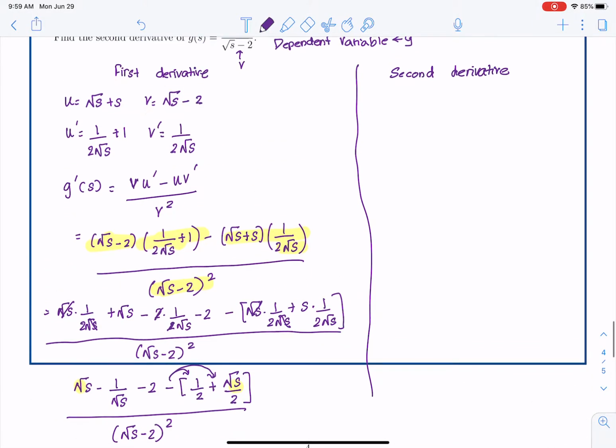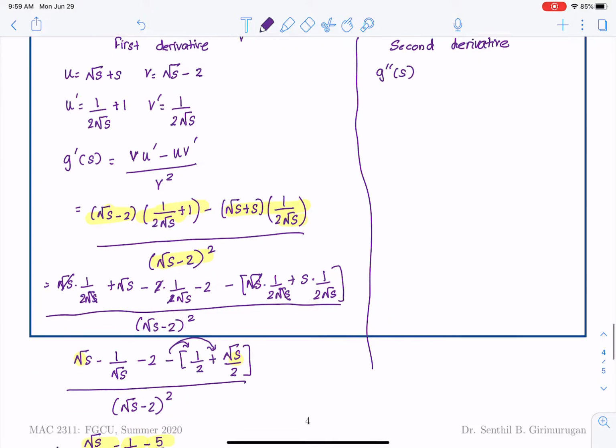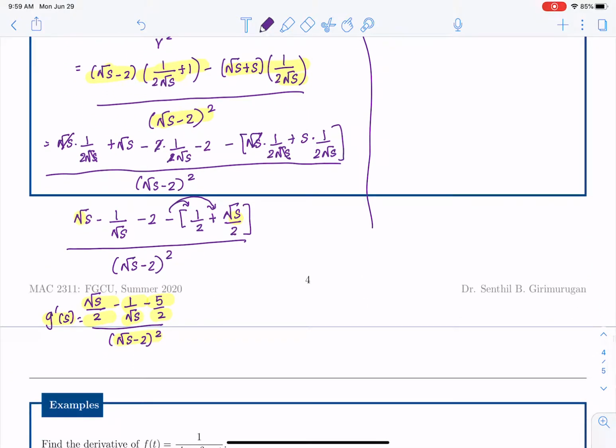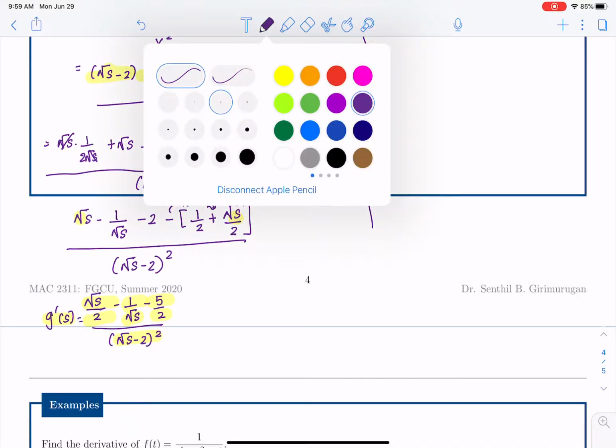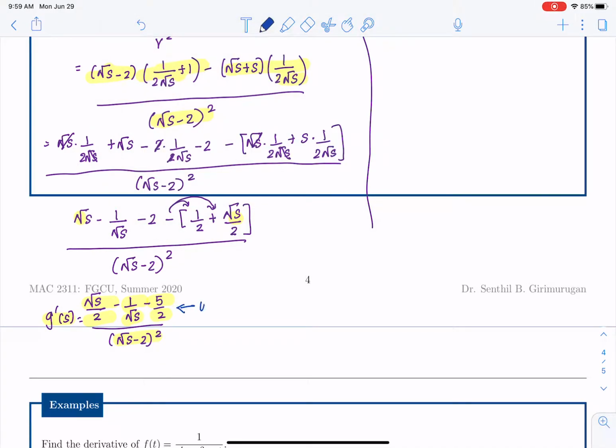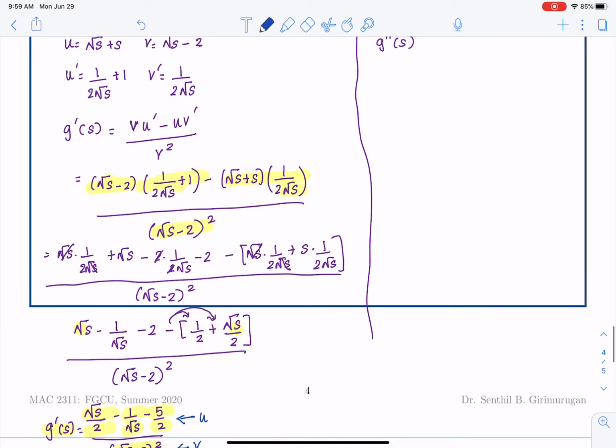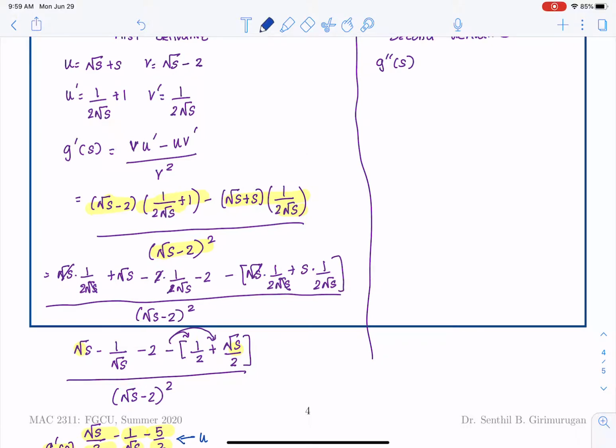So g double prime of s would be the derivative of the function we just found. So let's call that u, and let's call that v, which is the first derivative. So once again, this would be v u prime minus u v prime divided by v squared.